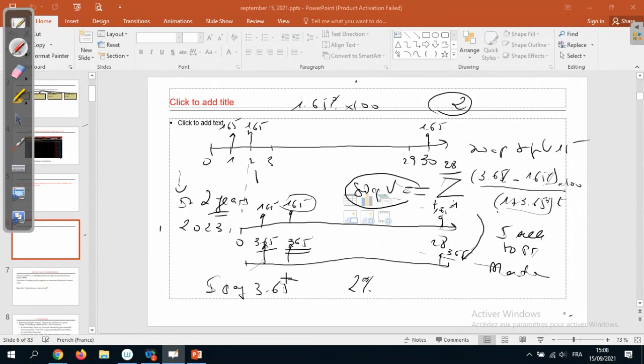In the new swap, you pay 3.65%, you receive each year the floating, and here you receive also the floating. So the floating is the same here. So what's the difference between a new swap and an old swap is just the fixed leg. Swap is very interesting, okay? So if you think that interest rates will move up, you make a swap paying fixed, receiving floating.